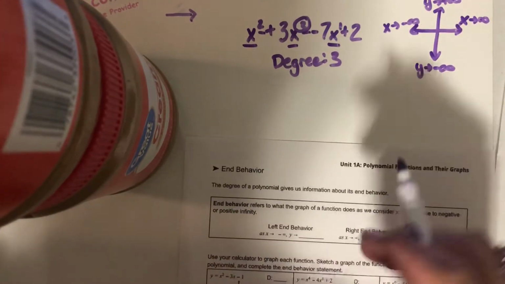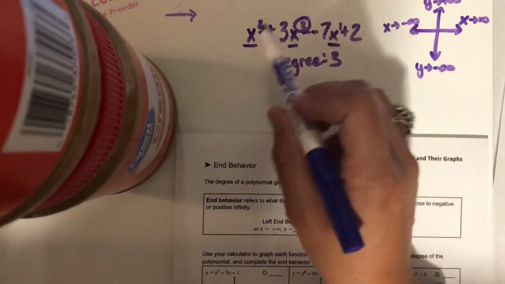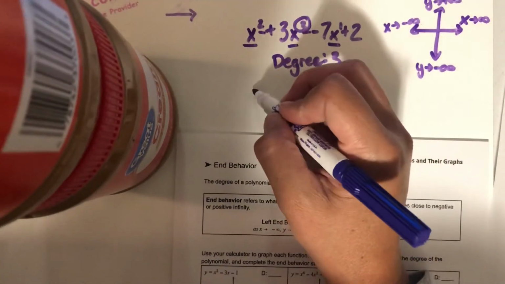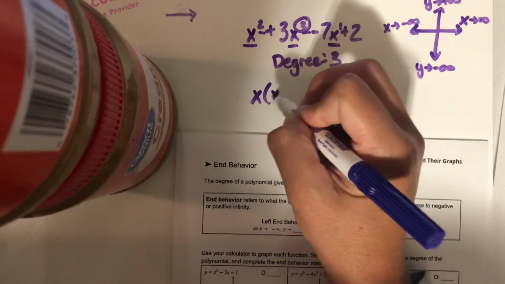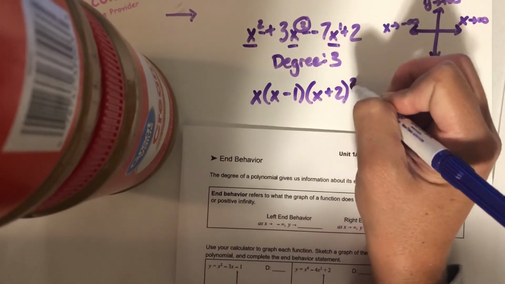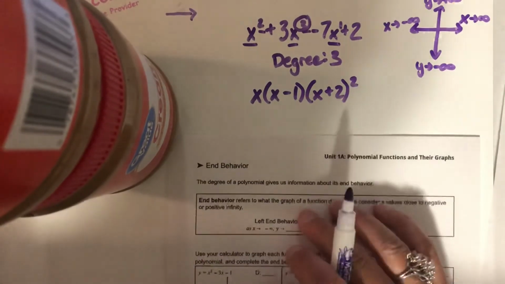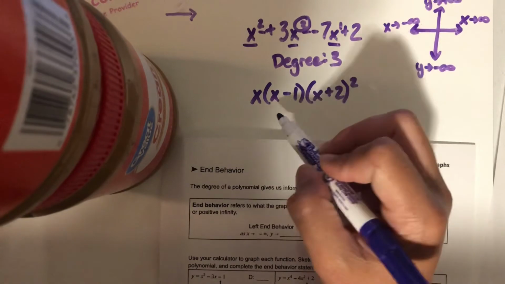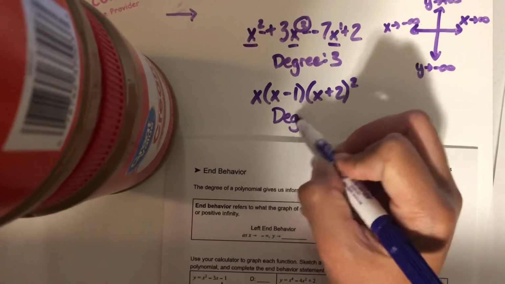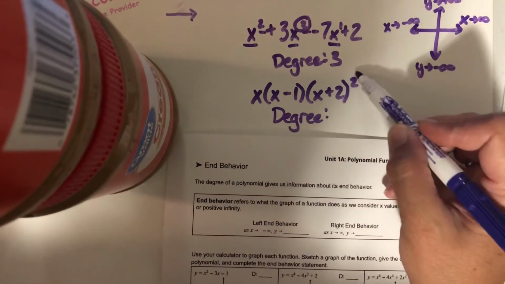This one's not actually in standard form because I didn't put it in the correct order, but we've got the standard form idea. If the function is in factored form, it could look like a lot of different things, but just to give an idea, it could look like something like this. The degree of that function is a lot harder to find, so we just have to pay attention as we go. When we're trying to find the degree in factored form, I can't use the highest exponent, so it's not 2.